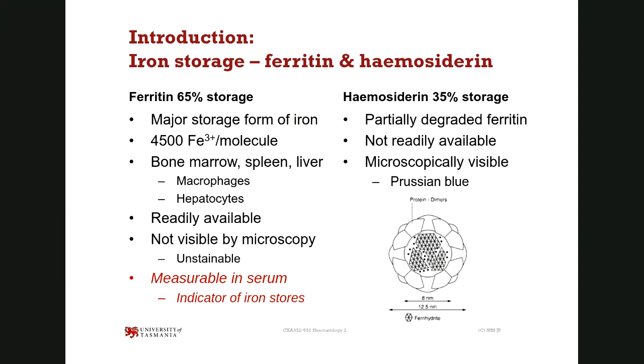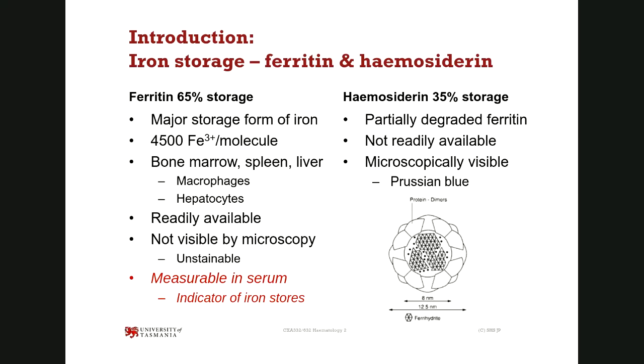So ferritin is the majority of storage, and if you like, that's the short-term storage, and iron stored as ferritin is readily available. Whereas we've got hemosiderin, which is what we have for long-term storage, and you can see that hemosiderin is partially degraded ferritin, and it takes a little bit longer to be able to release the iron.